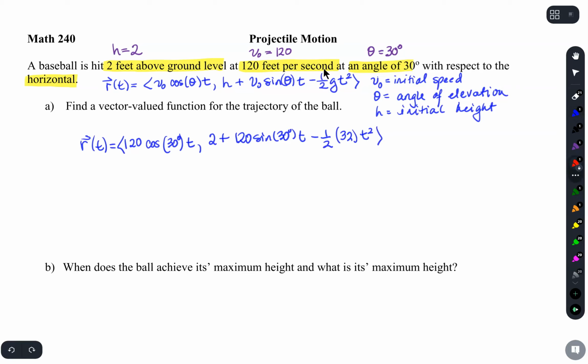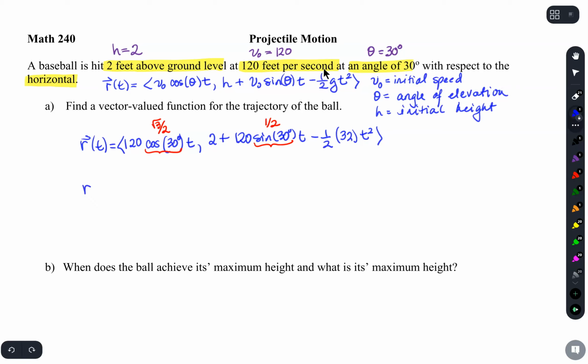Now notice that we will simplify cosine of 30 degrees. That's square root 3 over 2. And we will simplify sine of 30 degrees. That is 1/2. And we will also simplify the 1/2 times 32.